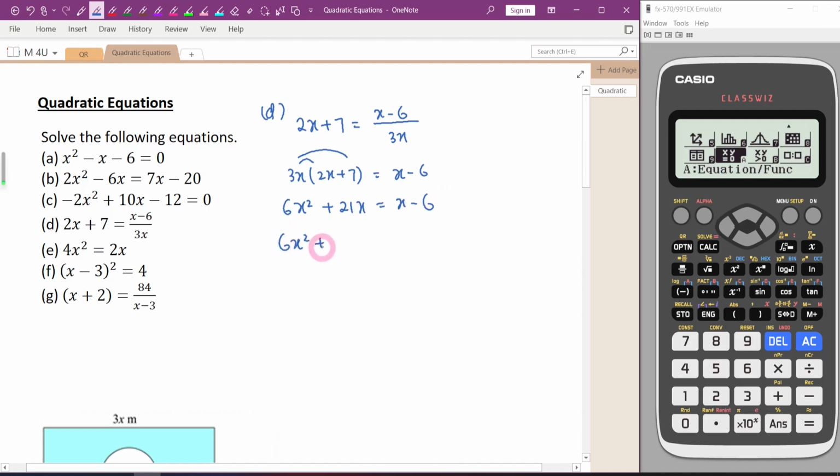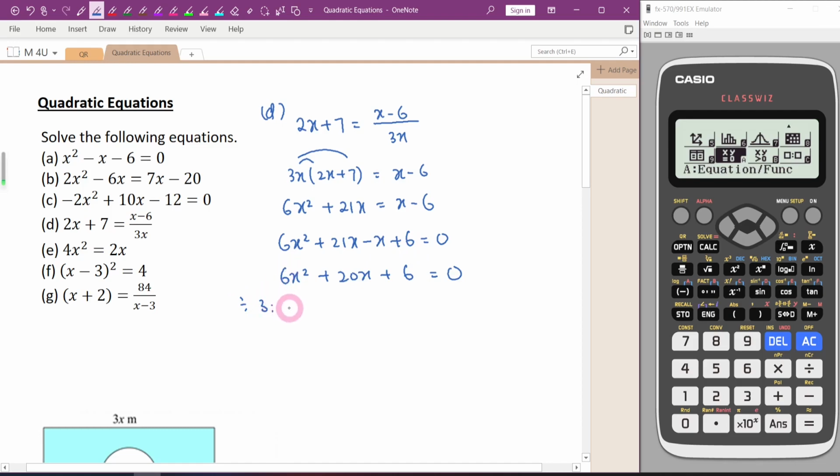6x squared plus 21x minus x plus 6 is equal to 0. So 6x squared plus 20x plus 6 is equal to 0. So you can start to do the factorization here, or if you want to make the number smaller, we can just divide this whole equation by 3.